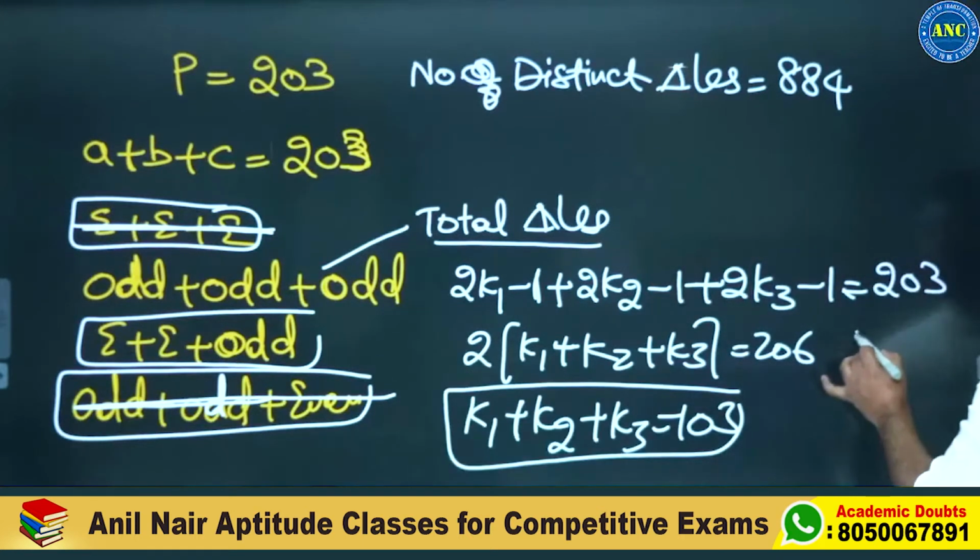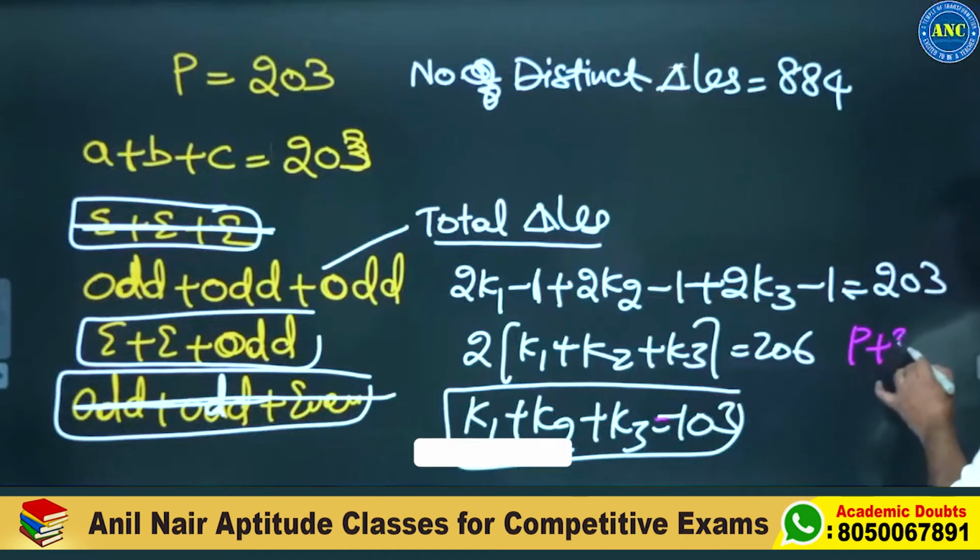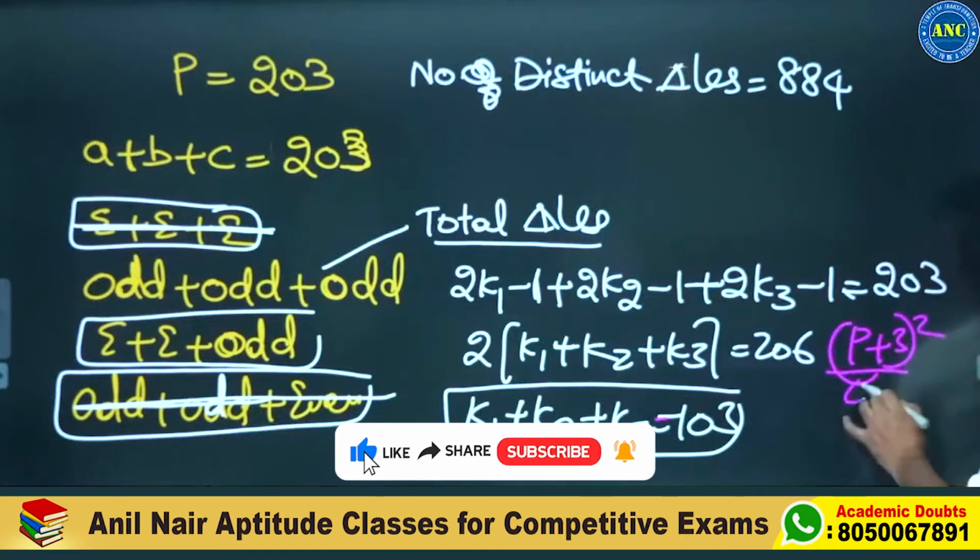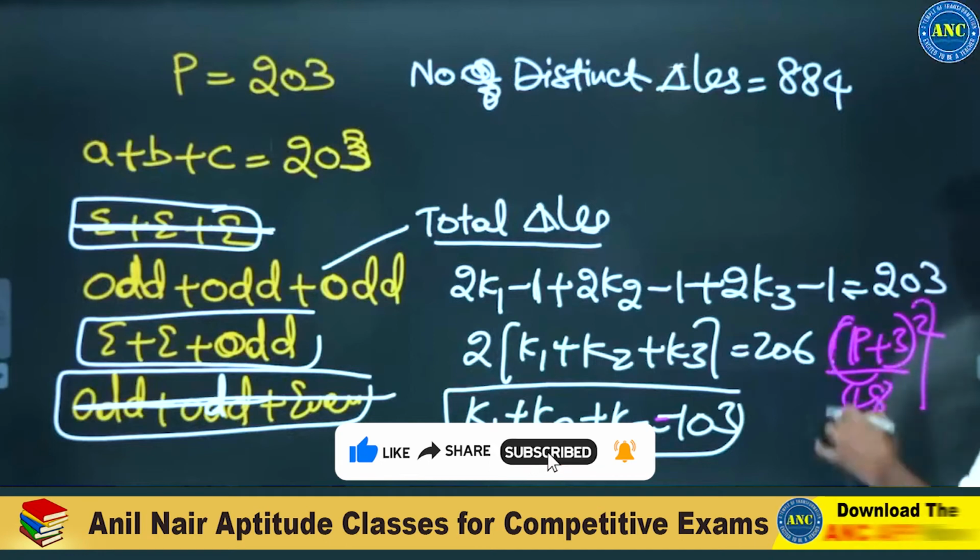If it is an odd number, what will be the answer? (P plus 3) whole square by 48, nearest integer function.